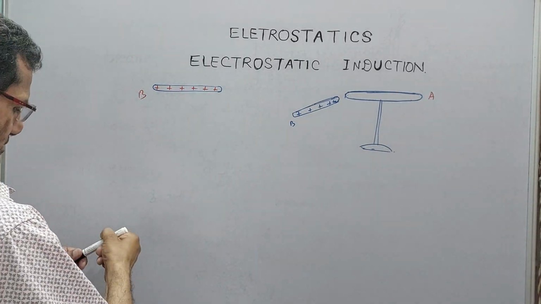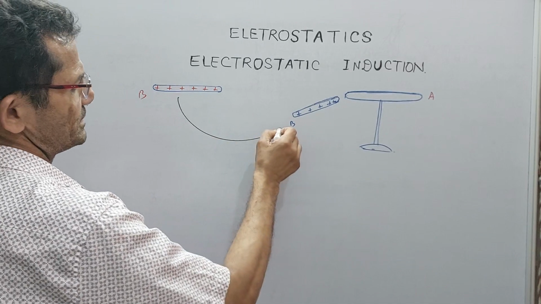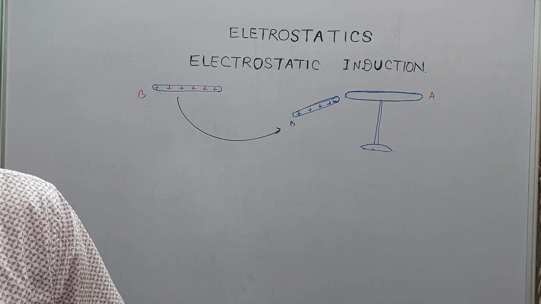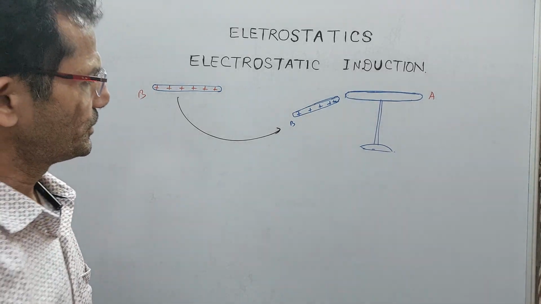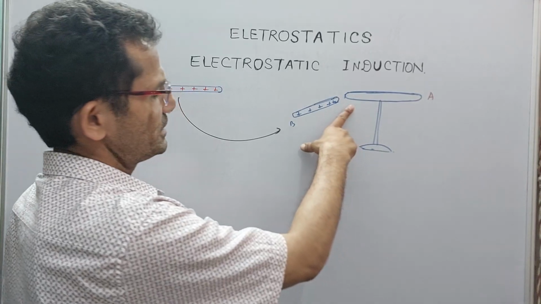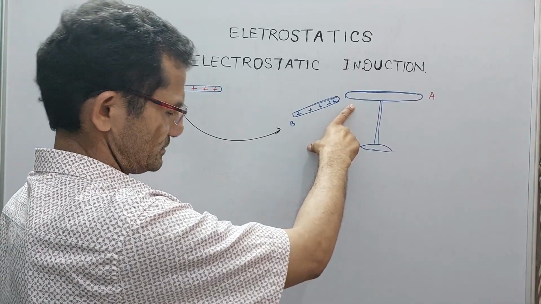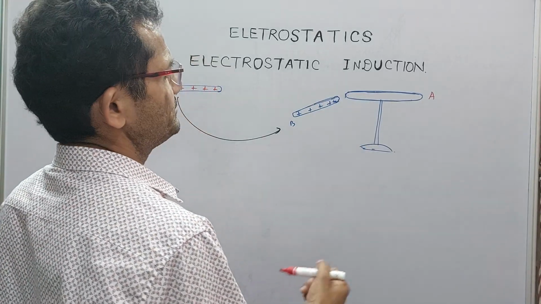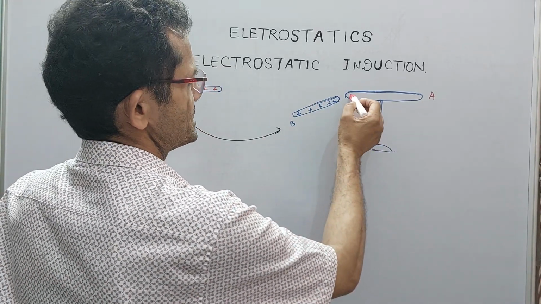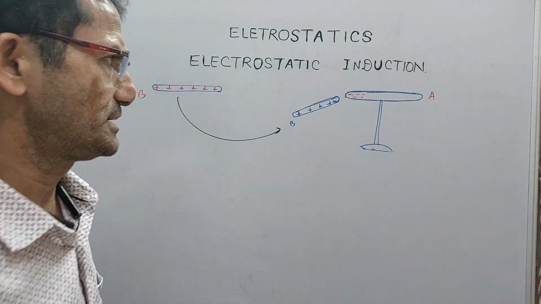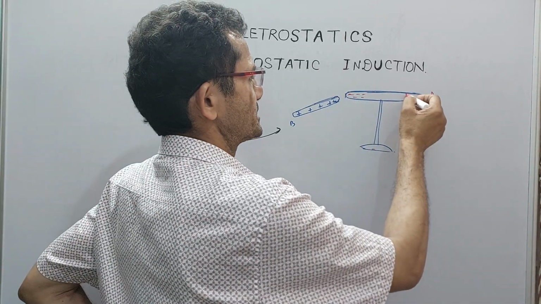When you bring this rod B near A, we have seen that the nearby end of rod A becomes just the opposite charge. It means the electrons are collecting at this end, and positive charges are collecting at this end.